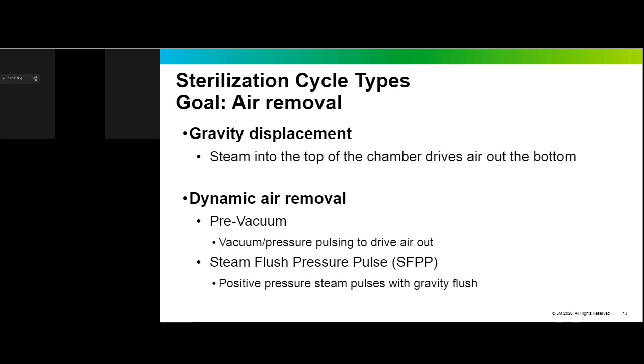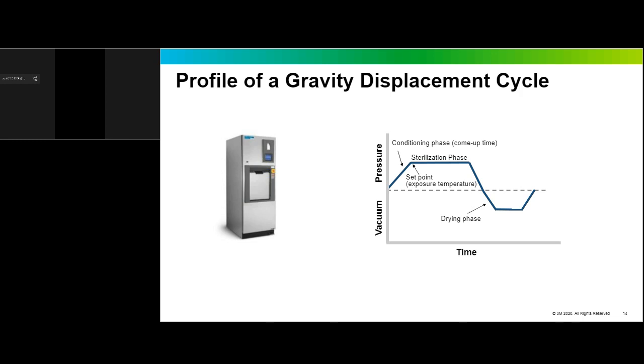It might either be pre-vacuum, where there's a series of vacuum and pressure pulses removing the air, or the steam flush pressure pulse system, or SFPP, where positive pressures of steam kind of alternate with gravity flushes. So gravity and dynamic air removal. I wanted to talk about each of these processes in a little bit more detail.